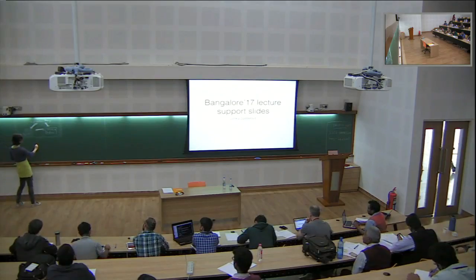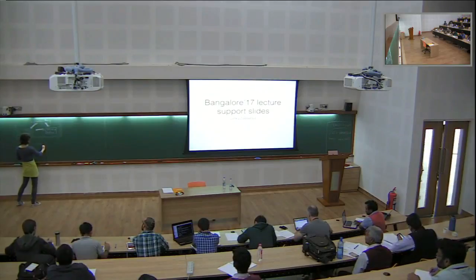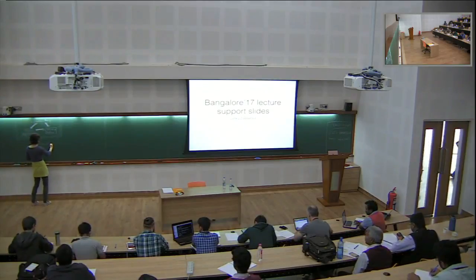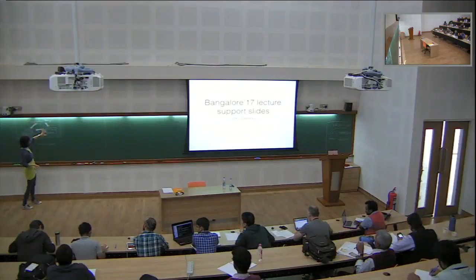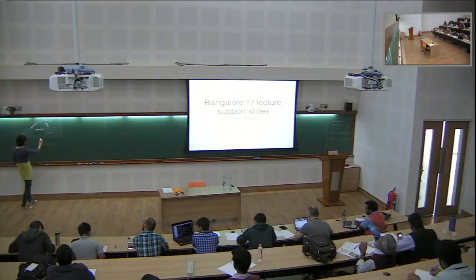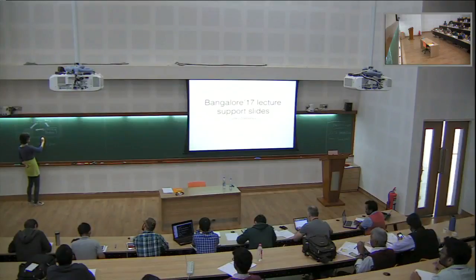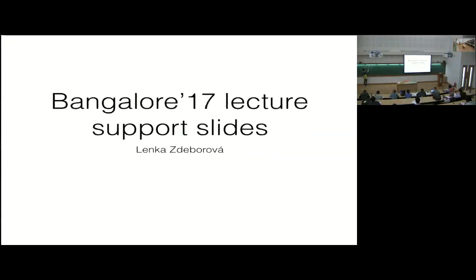So the problem I will be telling you about today is coloring of graphs. And here we had information theory, statistical inference, and coloring of graphs would probably belong to computer science or combinatorics, graph theory, discrete math.